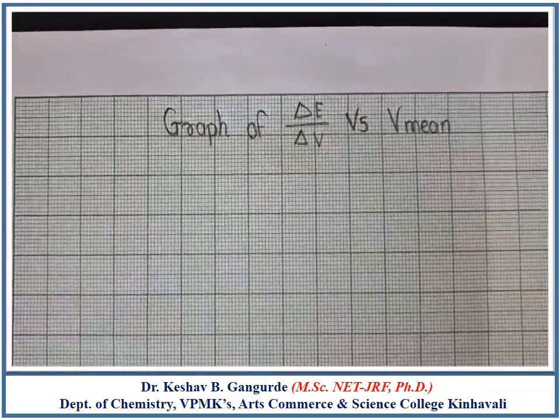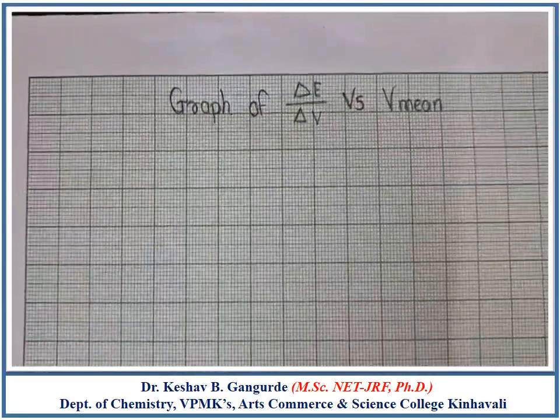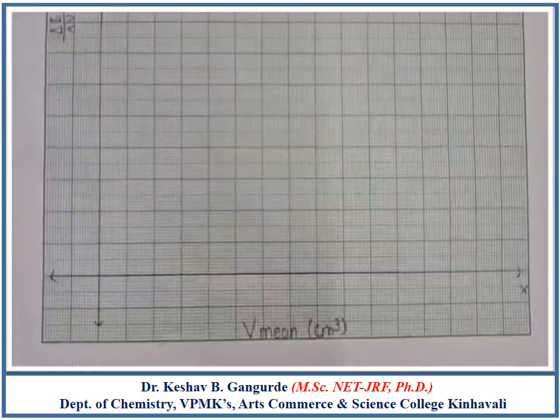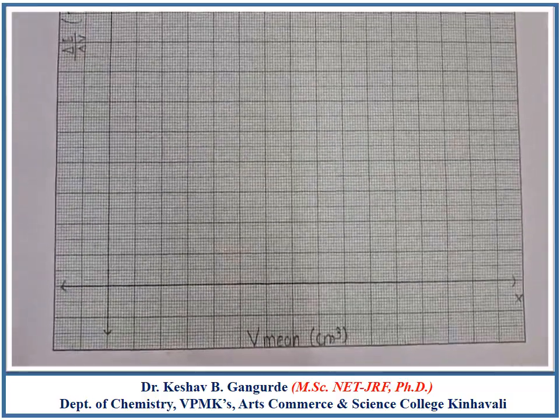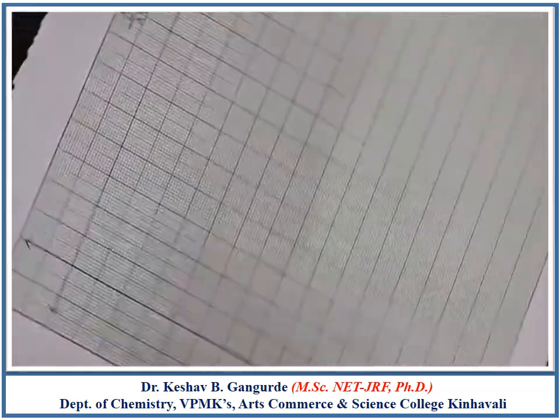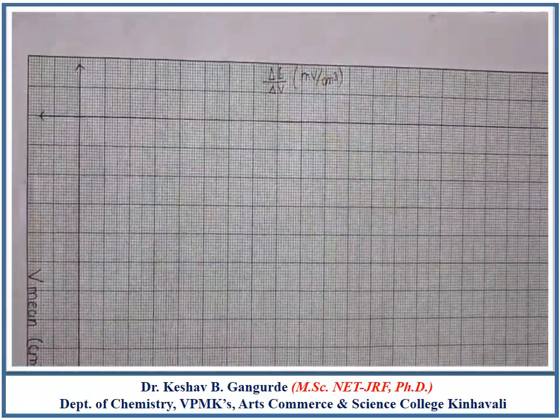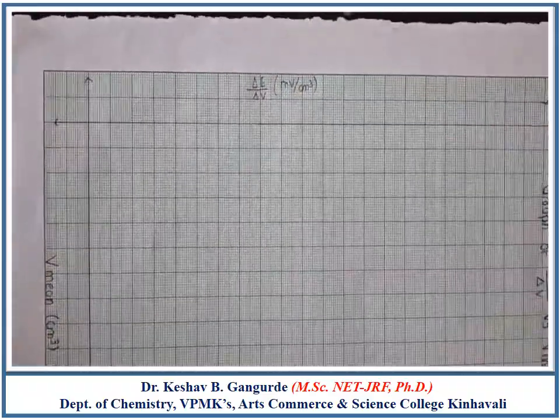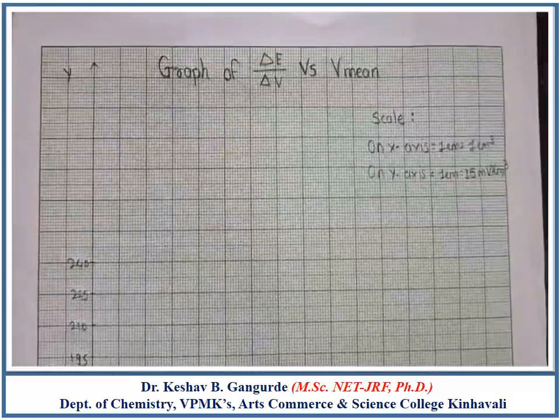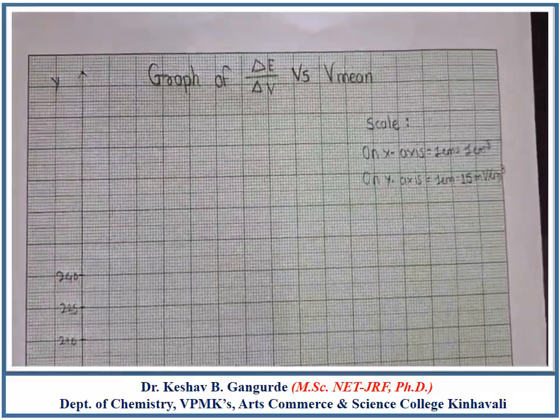Let's plot the graph of delta E upon delta V versus V mean. Plot V mean in centimeter cube on the x-axis and delta E upon delta V in millivolt per centimeter cube on the y-axis. Take the proper scale.